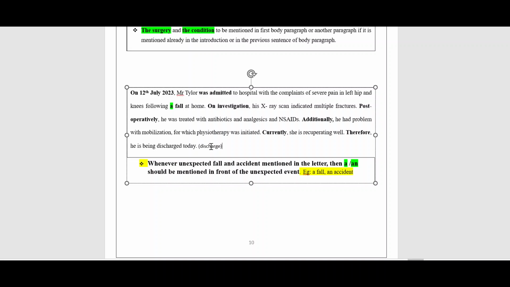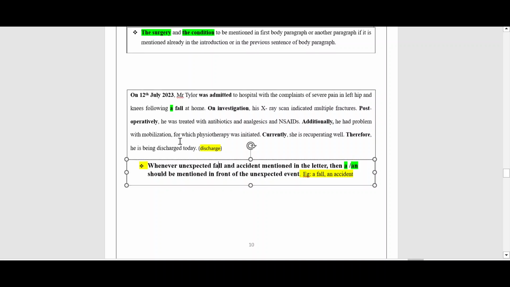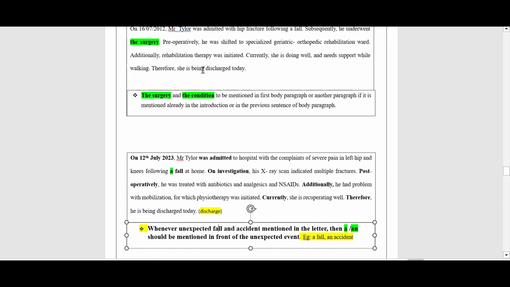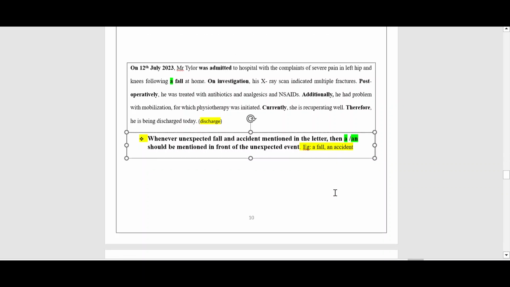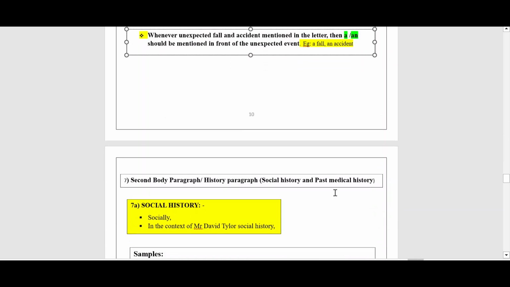This is a discharge, which you will find in letter writing. If he has been discharged today, then you can use it. And if events are unexpected, you should mention a fall, or if it is an accident, an accident. He was admitted after an accident.